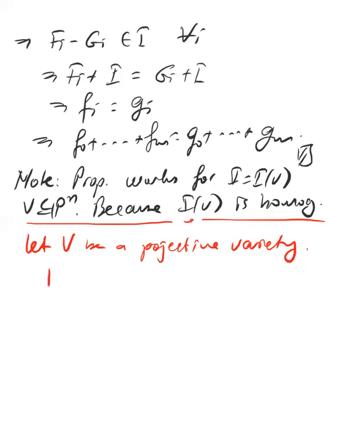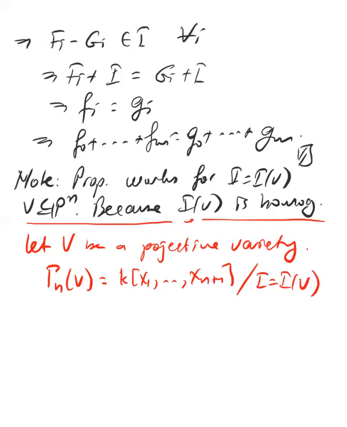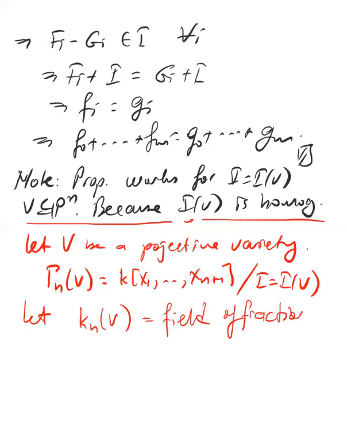Then we have this gamma(V), namely k[x1, ..., xn+1] over I(V), where I is equal to I(V), let's say. And so this is an integral domain, so we can look at its field of fractions. So let K(V) be the field of fractions of this gamma(V).